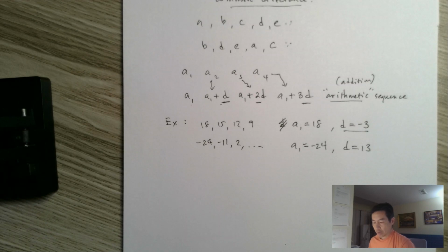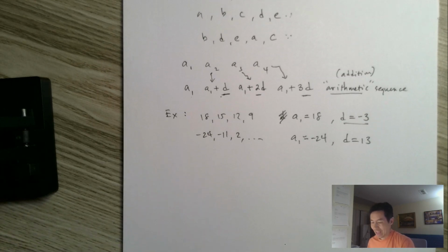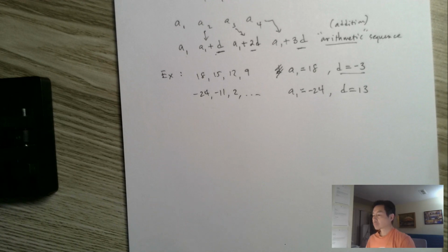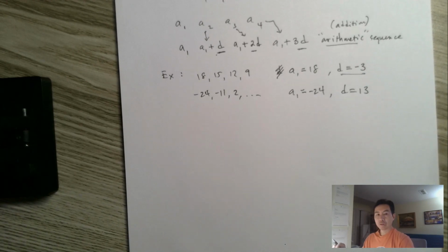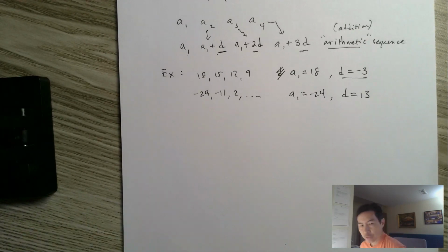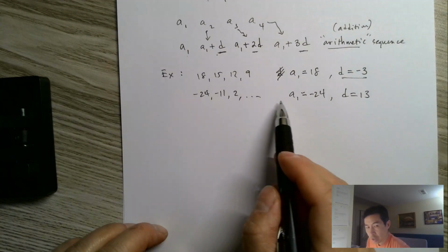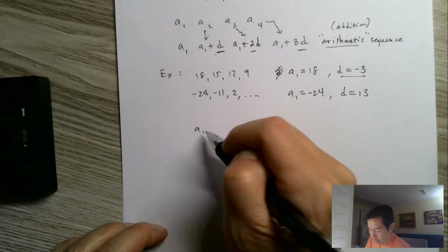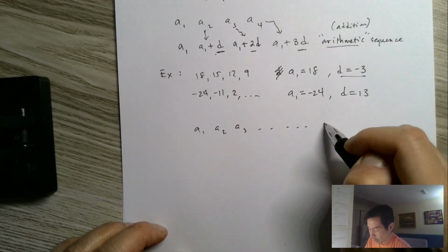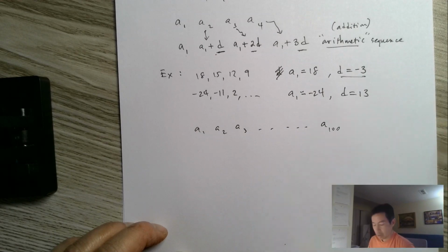All right, so now we're going to derive something called the nth term formula. This formula allows you to compute the term way down in the sequence. So let's say, here are my first few terms, and let's say I'm interested in the 100th term in the sequence.